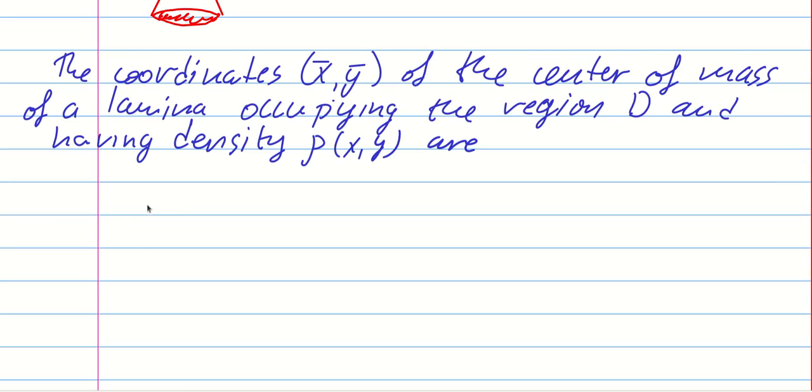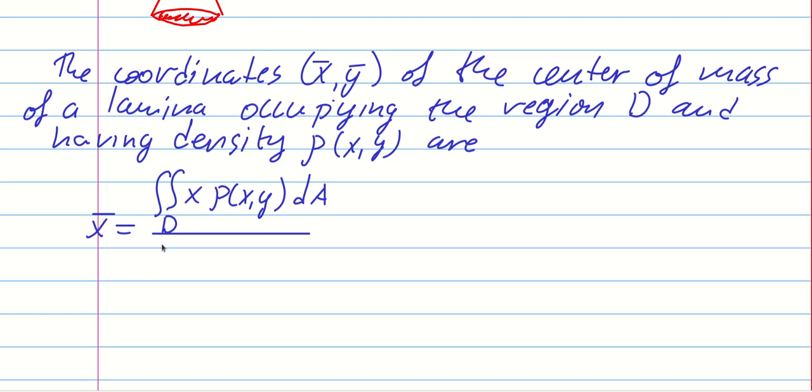So what would be x bar? X bar will be given by the integral of x rho of x y, which is M sub y, divided by the double integral over the region D of rho of x y dA, and in simple words this is just M sub y over little m.